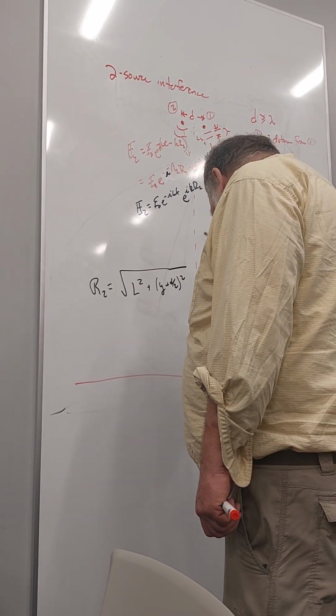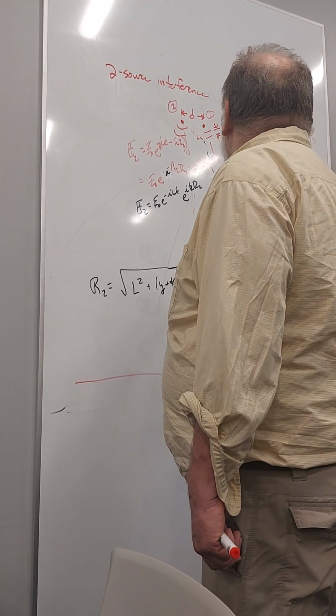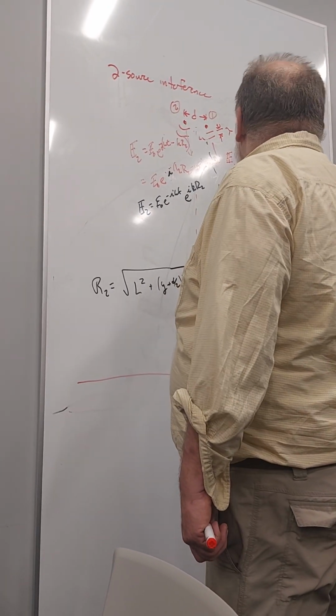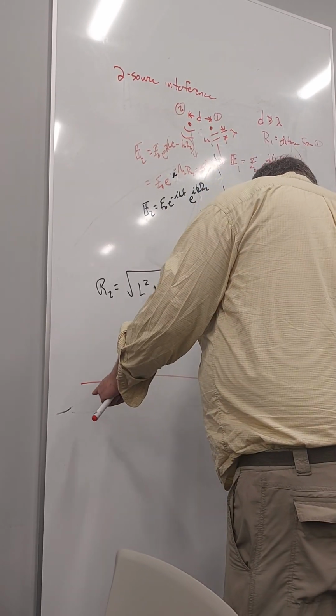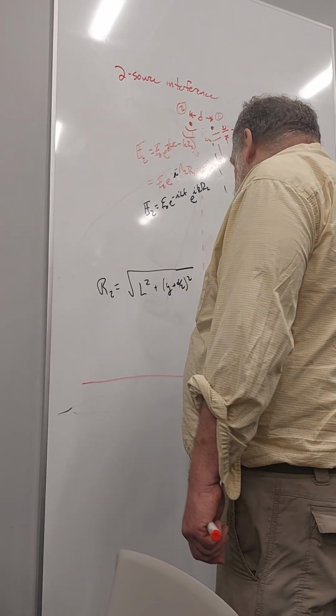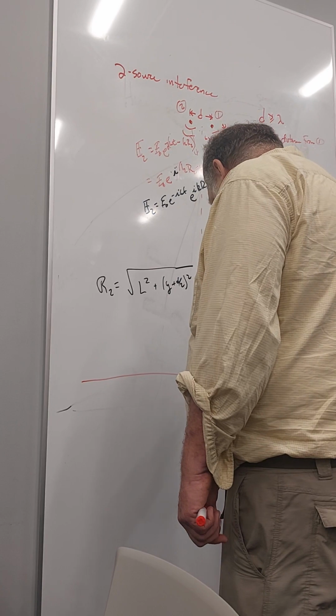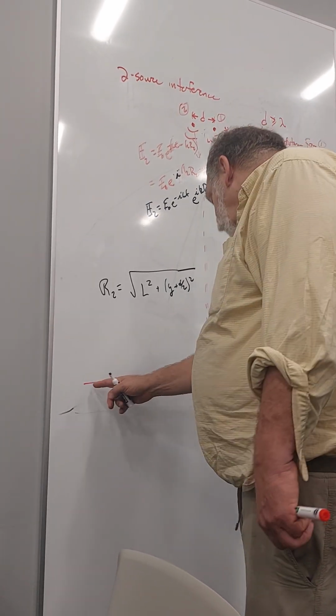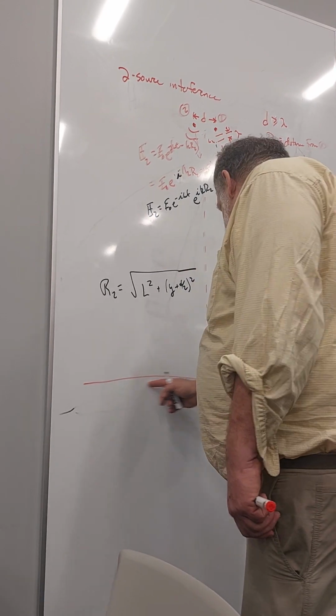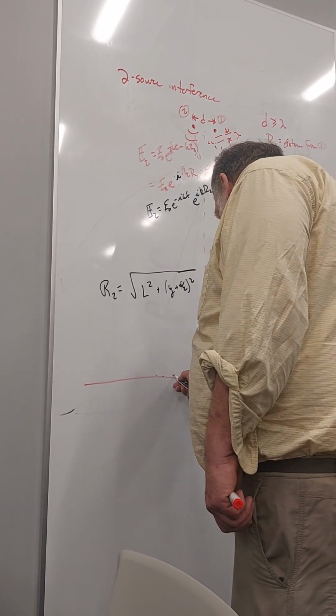So we'll go into Python now. We're going to have to define d and lambda and L and how far we want to go on y. And we're going to look along y as our screen, so we're going to need to create a bunch of y points.